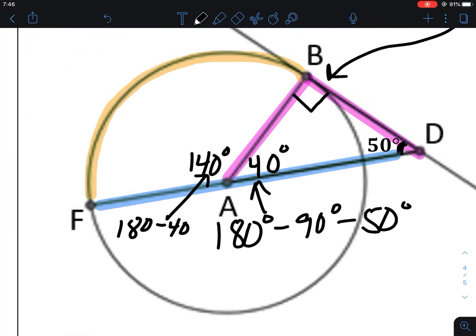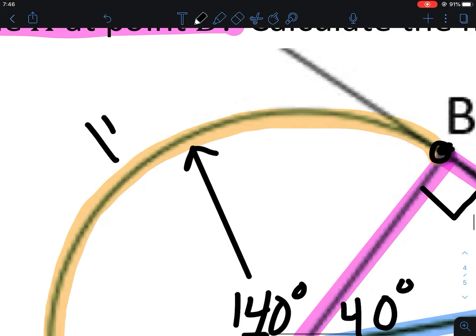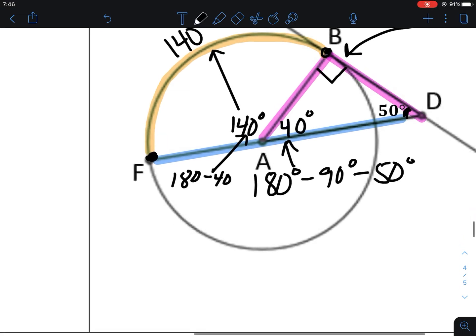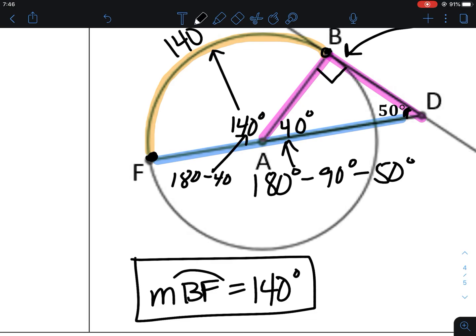And then finally, I can say that since the central angle and the arc share those endpoints, they have the same measure. Remember, central angles are the same measure as the arc they intercept. Therefore, the measure of arc BF is equal to 140 degrees. Please make sure that you write that out for me.